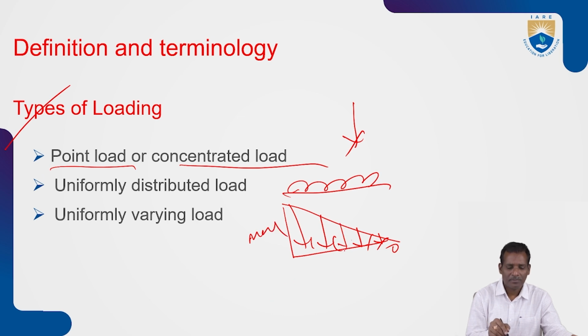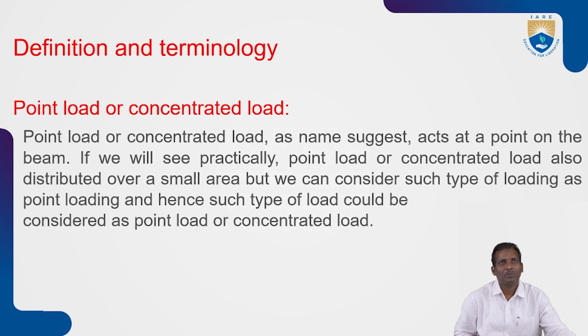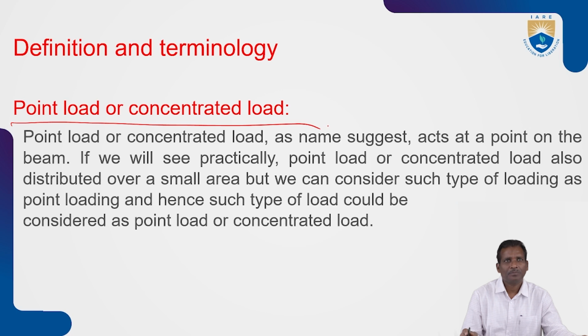It increases. So these are the three types of loads that will be acting on beams. So now one by one we will see how you define the point load or concentrated load.